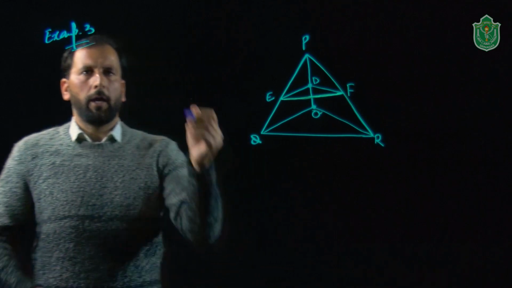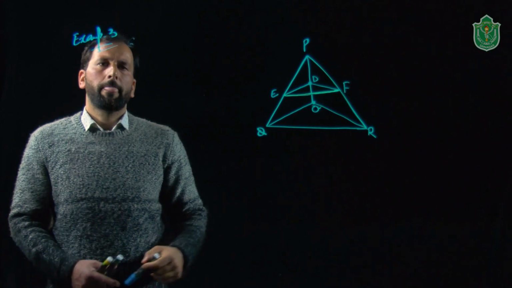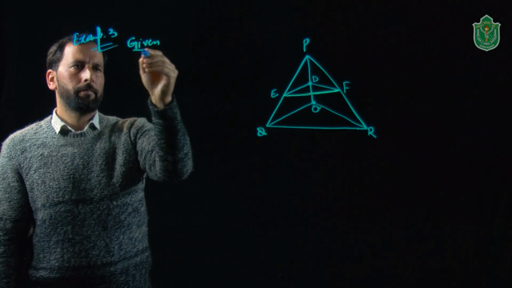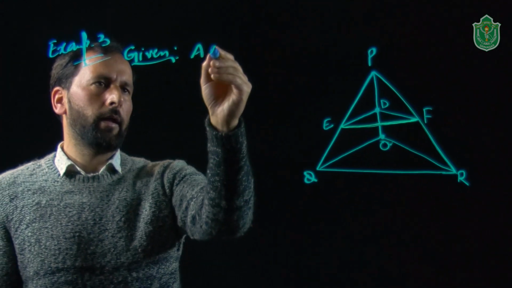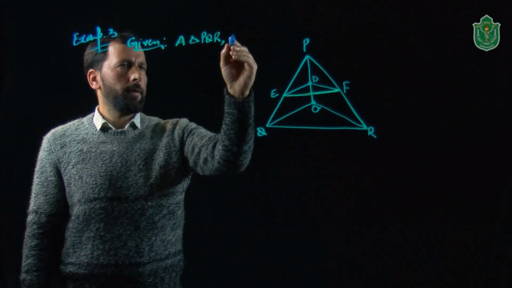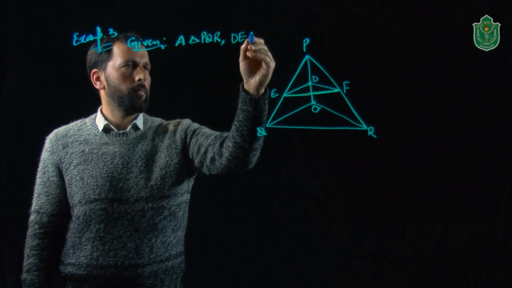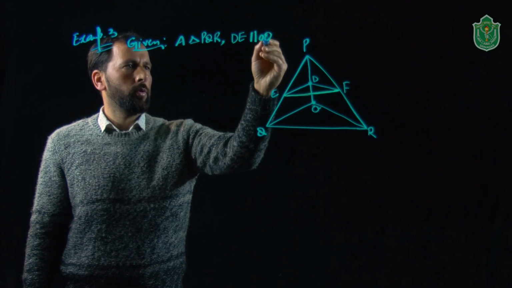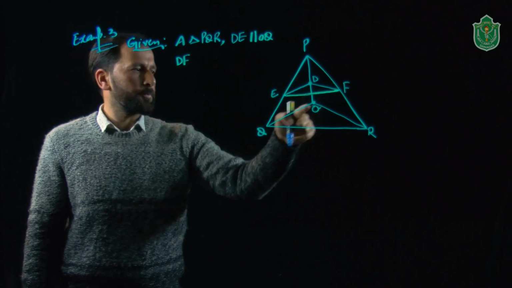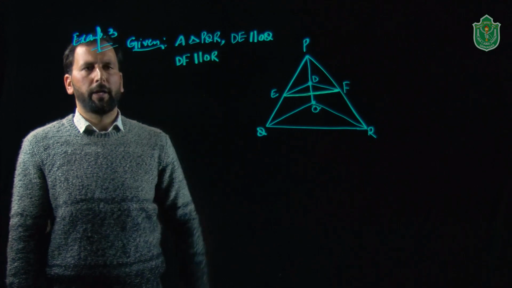So the given is: a triangle PQR, DE is parallel to OQ, and DF is parallel to OR. This is the given condition.